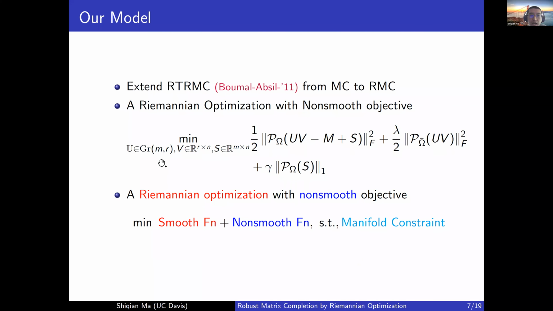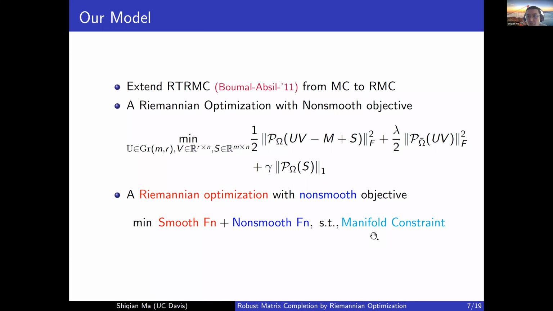Or if we do not have the manifold constraint, we're only minimizing the smooth function plus the non-smooth function, so we're actually considering this problem in the Euclidean space, where we have many algorithms for solving this kind of problem. So you see the combination of the non-smooth function and the manifold constraint makes this problem very difficult.